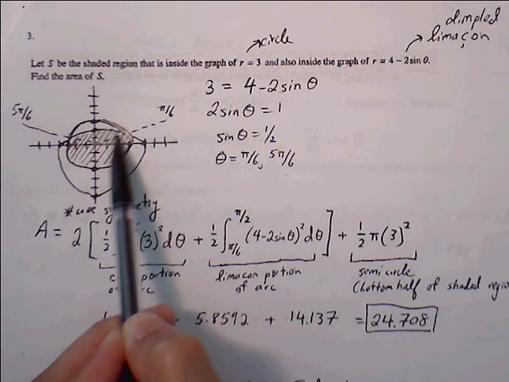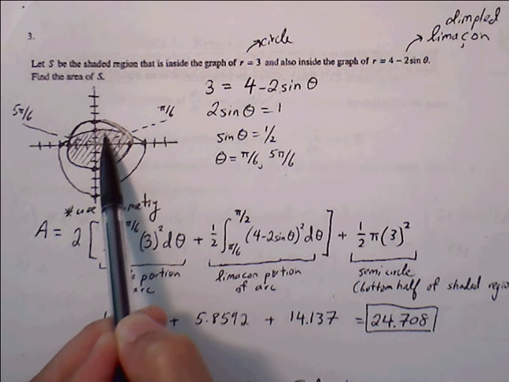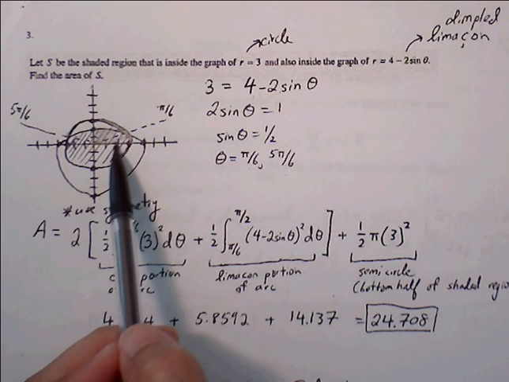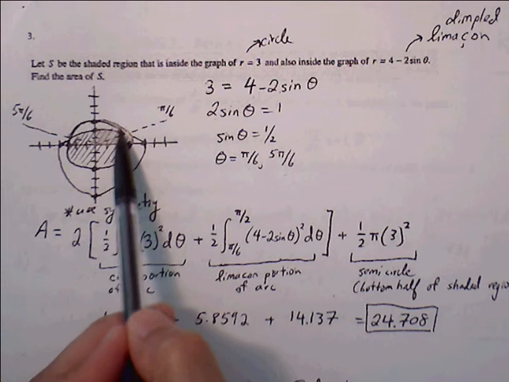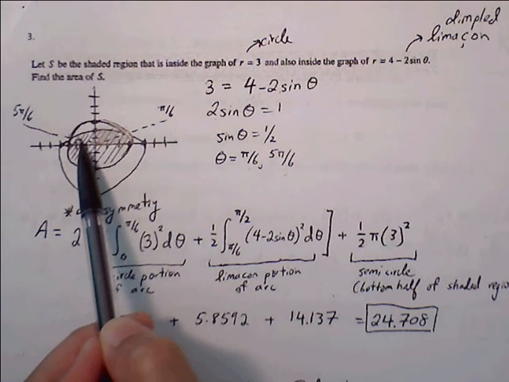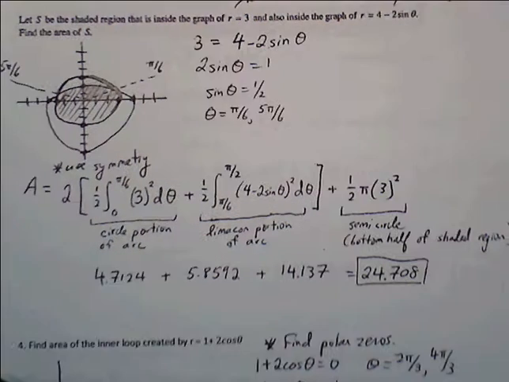So from pi over 6 to pi over 2, this region is with the 4 minus 2 sine theta. That will create the area for this region, and if we double it, then we can get this region here. So let's just focus on this portion here.